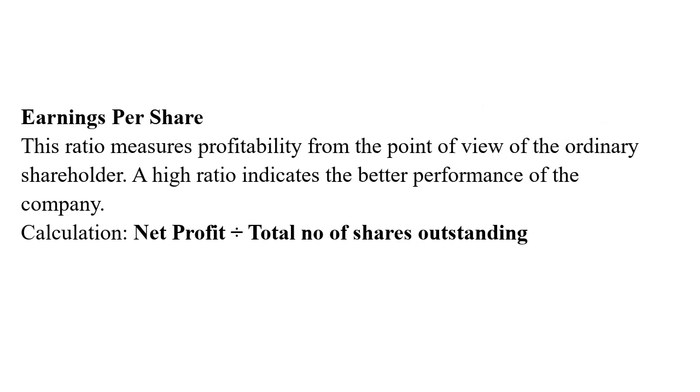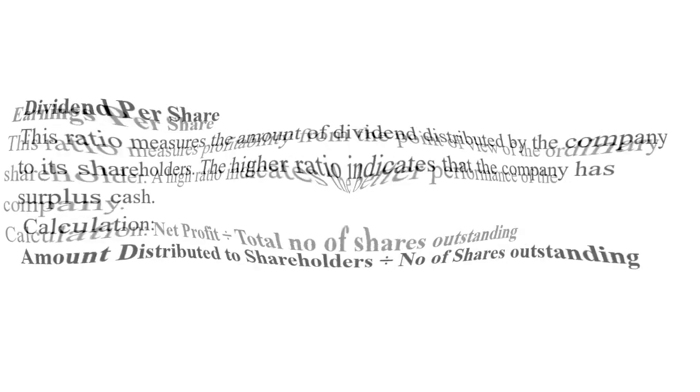Earnings per share. This ratio measures profitability from the point of view of the ordinary shareholder. A high ratio indicates the better performance of the company. How is it calculated? Net profit divided by total number of shares outstanding.